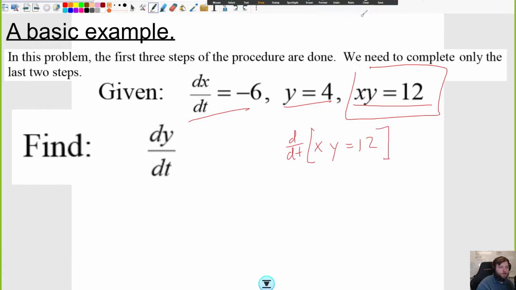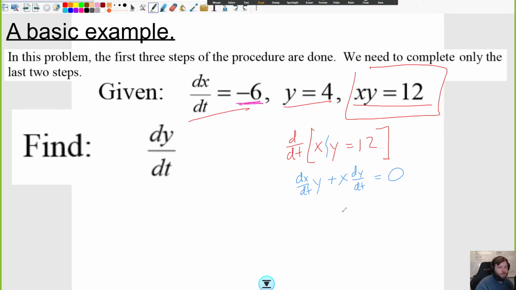What happens when you do that? Product rule this thing. The x is going to be 1 times dx dt, or just dx dt, times y, plus x times dy dt, that's the derivative of y, equals 0. And you've got to solve for dy dt. Well, I'm going to plug in what I can.